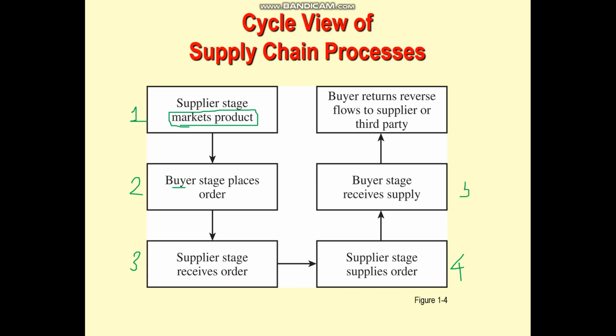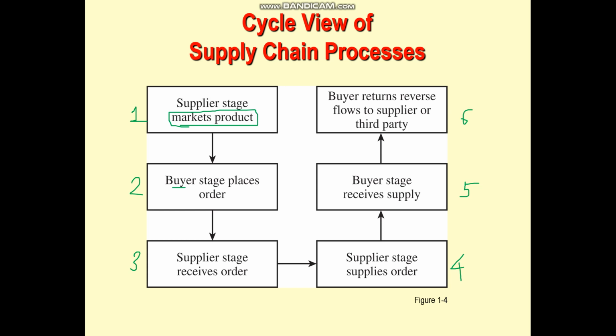The fifth one is the buyer receives the products, receives the supply from the supplier. And the final stage is the buyer returns the reverse flow to the supplier or a third party.